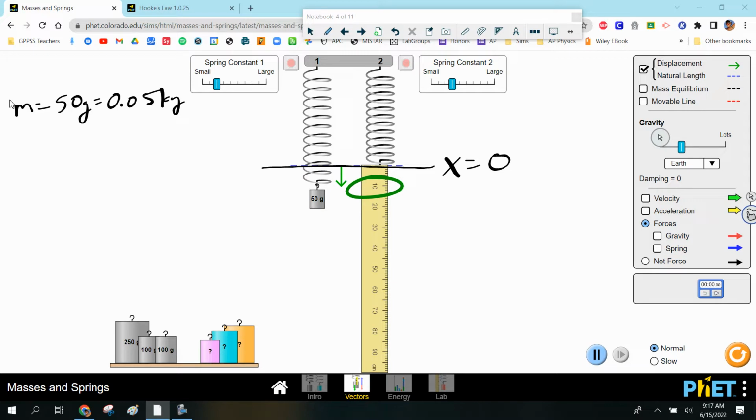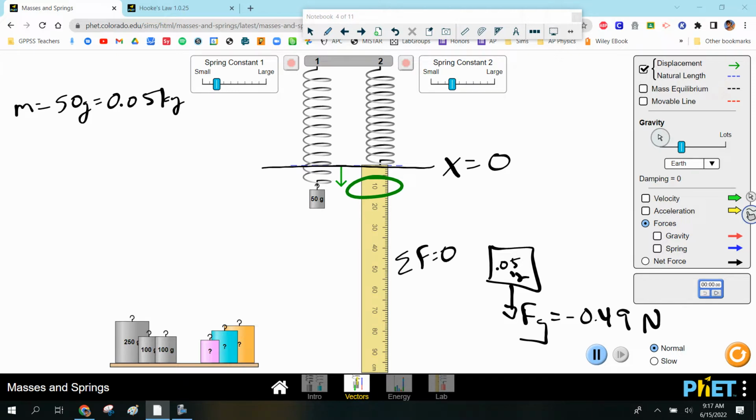So here's my mass, 0.05 kilograms. Well, that means the force of gravity is pulling down with 0.05 times 9.8, which gives us negative 0.49 newtons. And the fact that it's hanging at rest tells me my net force is 0. Well, that means that my upwards force from the spring has to then be positive 0.49 newtons.